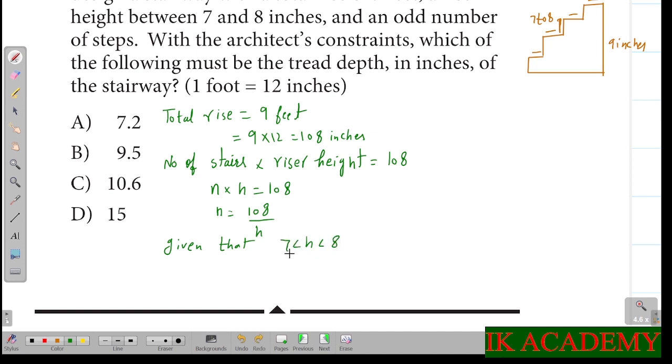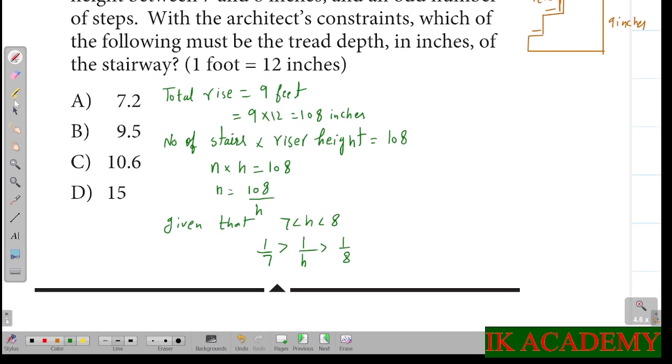If I take the reciprocal of this inequality, which will be 1 by 7, the lesser becomes the greater, 1 by h is greater than 1 by 8.